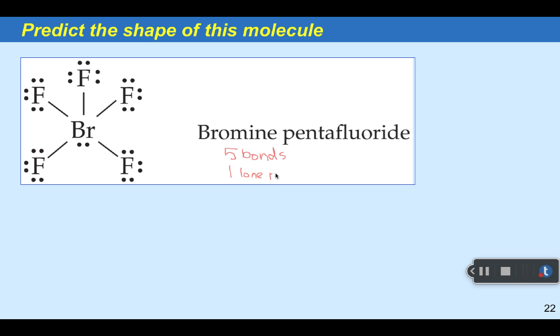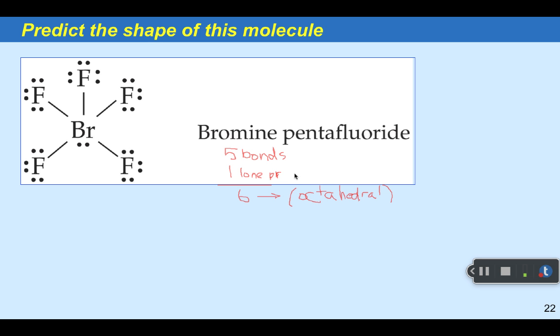And so 1 lone pair plus 5 bonds gives us a total of 6 electron charge clouds. And whenever that occurs, the electron pair geometry, or the VSEPR, the repulsion of those electron clouds pushing each other as far apart as possible, means that you have octahedral electron cloud geometry.